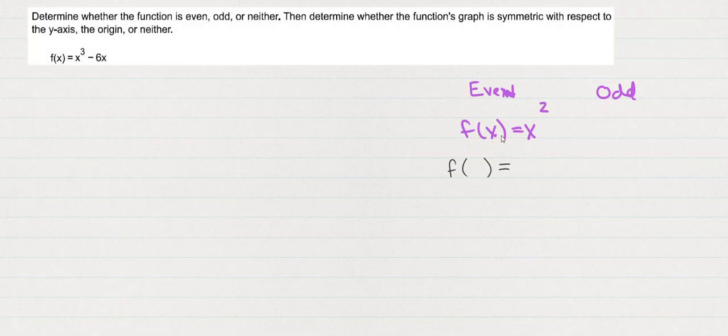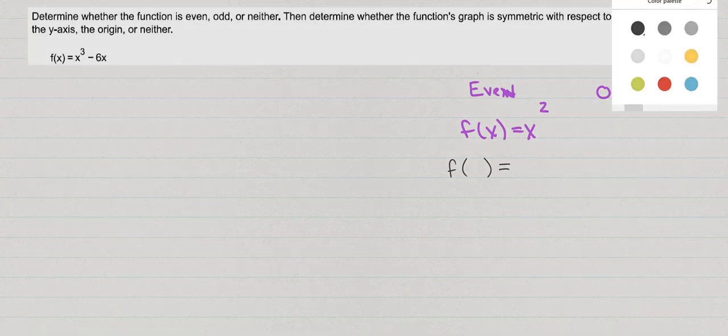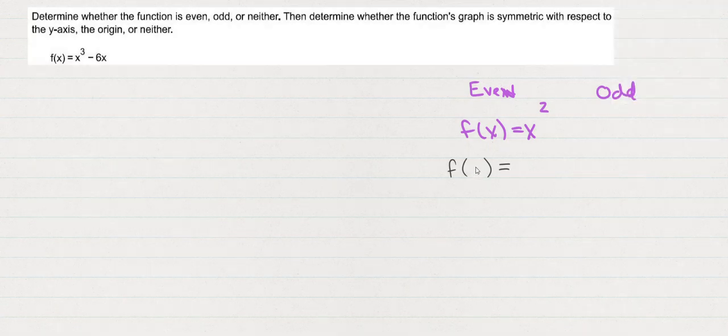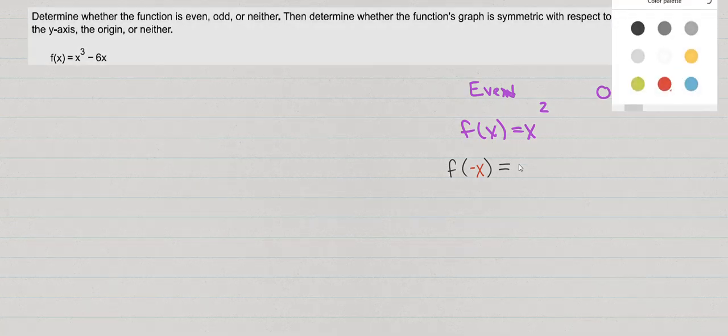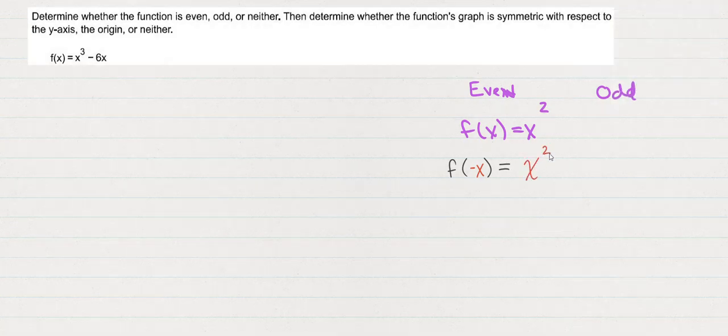We'll notice about f of x equals x squared that f of the opposite of x just gives us back our x squared. F of the opposite of x gives us back our f of x.